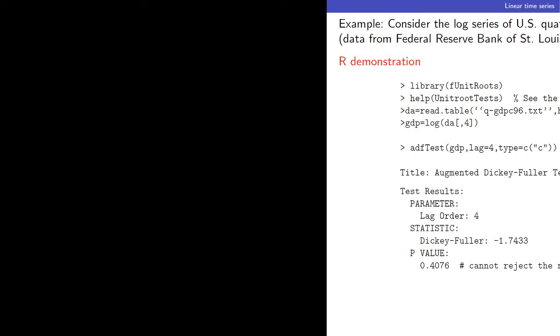Our statistic is minus 1.7433, and the p-value is 0.4076, which means the p-value is greater than the significance value, right?